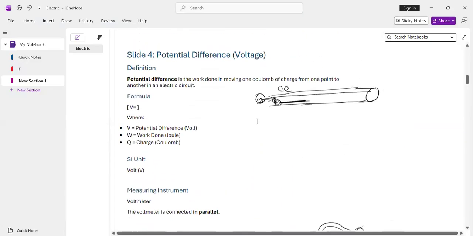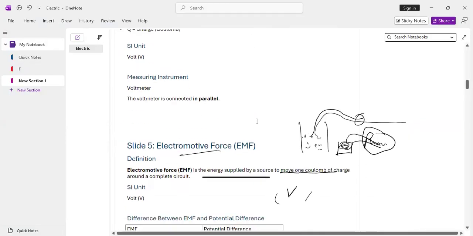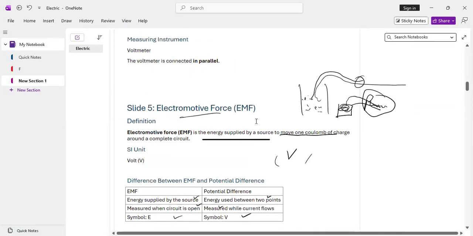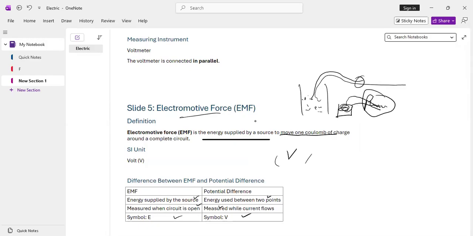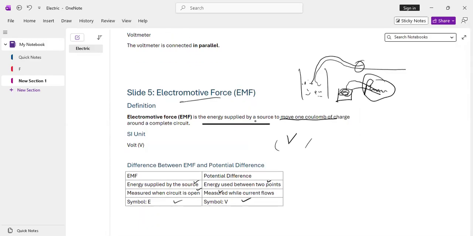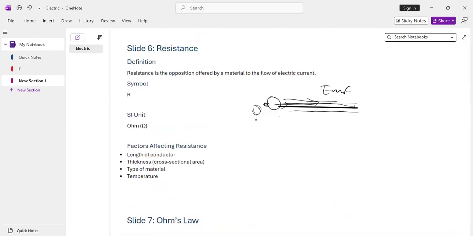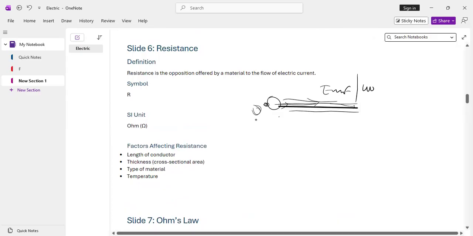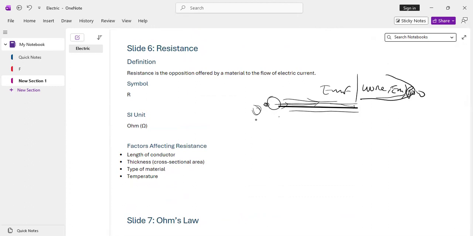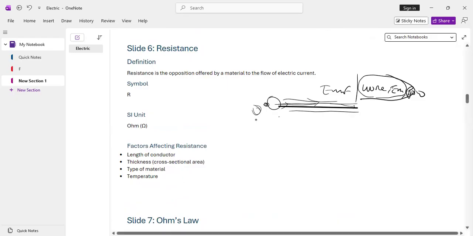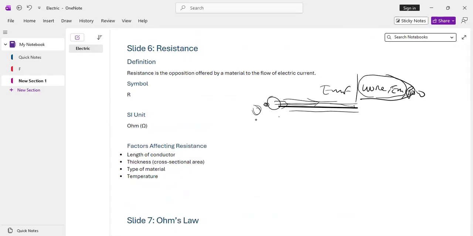Why the work done on moving one charge is called the potential difference. So that's it. When we have work done, energy and time, we will find out power rather. We find out that these two look alike, but they are not exactly the same thing.